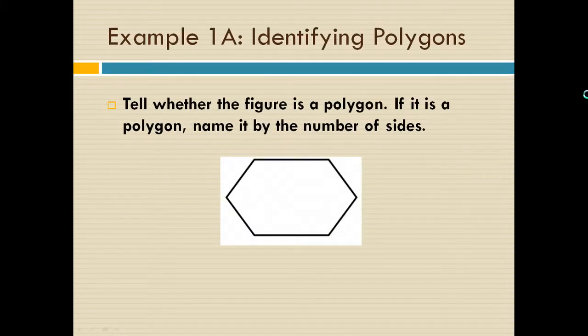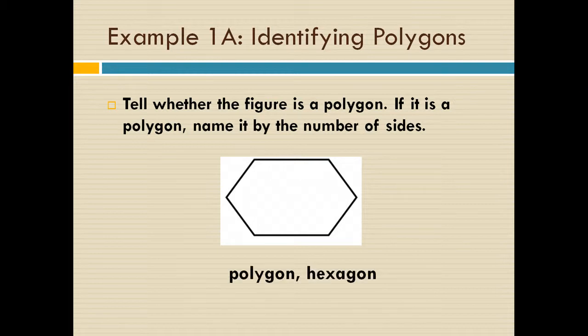Let's look at some examples of identifying or classifying polygons. So we want to look at each figure and decide if it is a polygon, and if so, we're going to name it by the number of sides. Well, what we have here is a figure that is definitely closed. If you count, you'll see there are 6 sides, so this is a polygon.